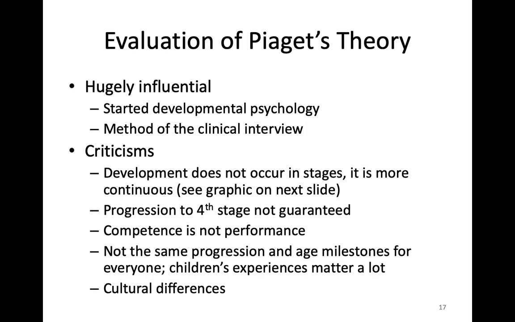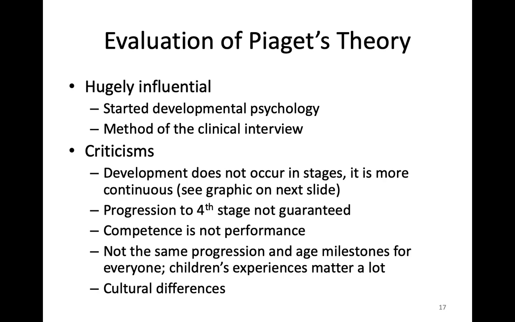So a child might have object permanence. That is, they have the competence, even though they don't, say, search for it or reach for the object, which is the performance. So it's really difficult to study children, especially children that are not yet verbal, because you have to observe what they do and then make some assumptions.